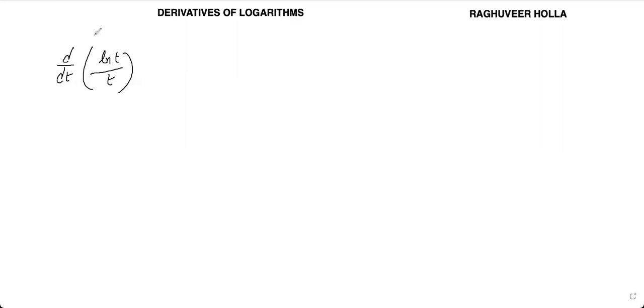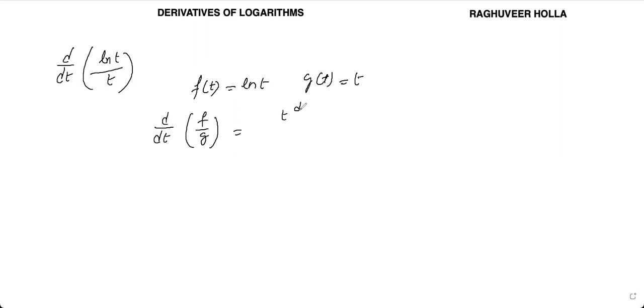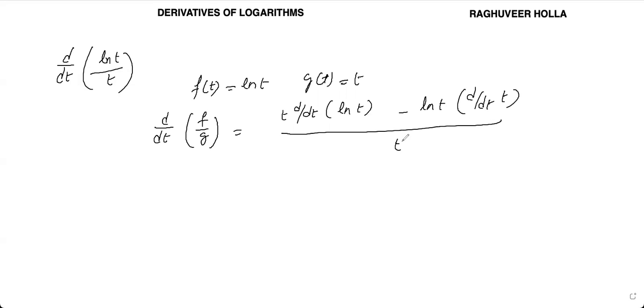Now let us apply the quotient rule here. So f of t will be ln t and g of t will be t. So this is d by dt of f by g, which is t into d by dt of ln of t minus ln of t into d by dt of t, divided by t square.